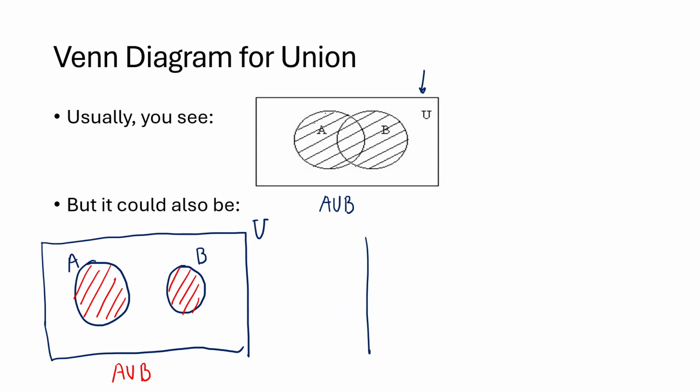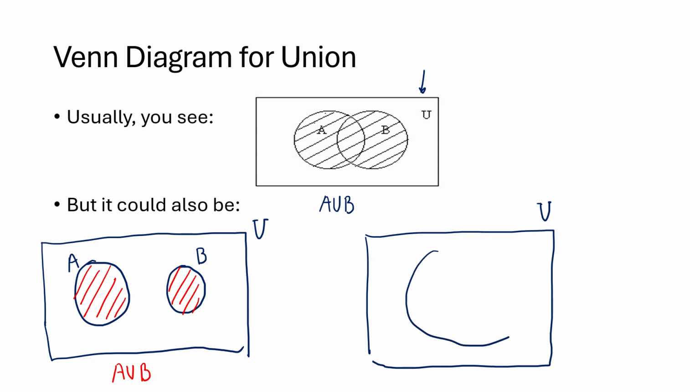And we can imagine another scenario as well. Again, this is my universal set, the rectangle, and it could be that A is this big set and B is a subset of A, like this.